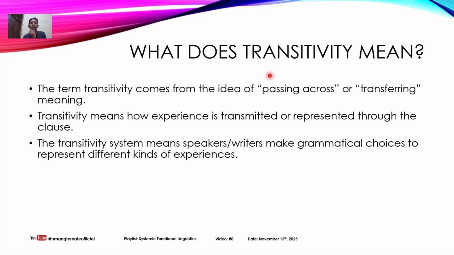We call them transitive verbs, and those which do not require an object, we call them intransitive verbs, and some verbs are called polytransitive because they require more than one object.